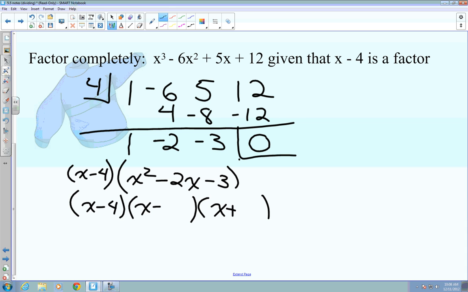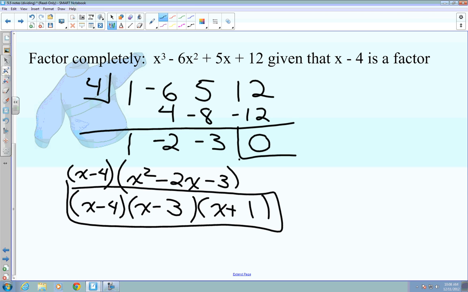It's going to be minus 3 plus 1, because negative 3 times 1 is negative 3, negative 3 plus 1 is negative 2, and now it is factored completely. So on that section where it says factor completely, this is what I want it to look like. Okay? One more type of problem that you're going to see today.